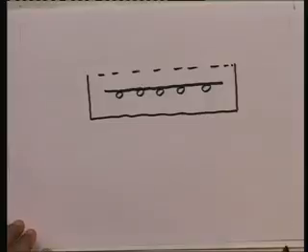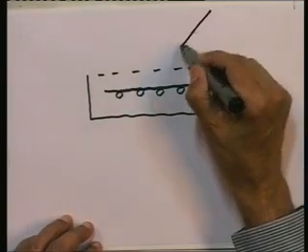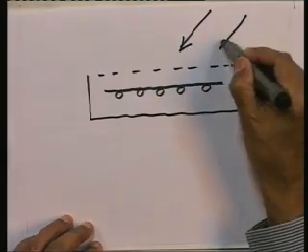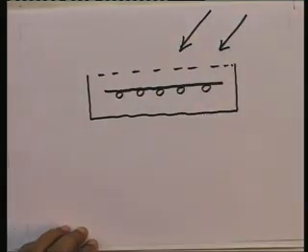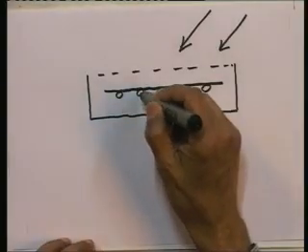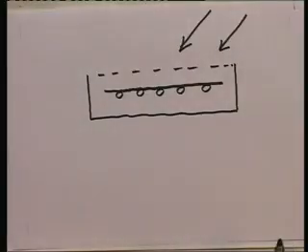This is how a cross section would look. Solar energy is falling on this solar flat plate collector and heating up the water which is flowing through these tubes.